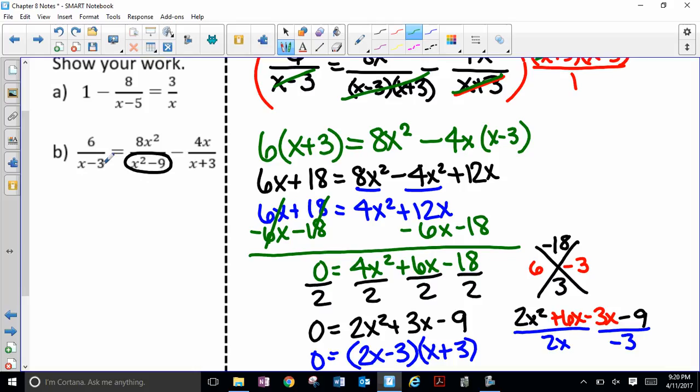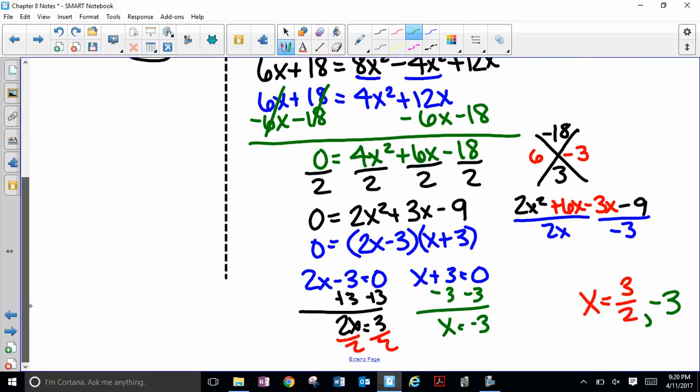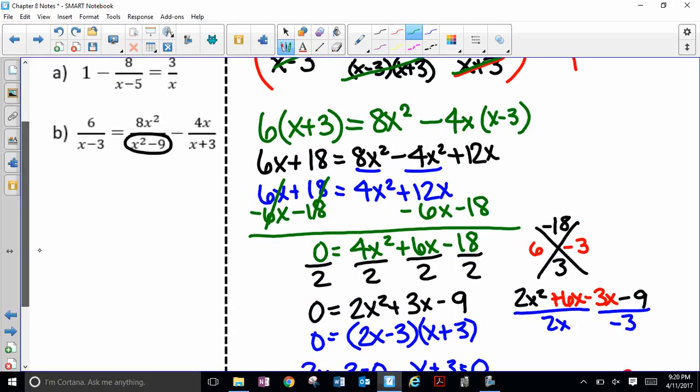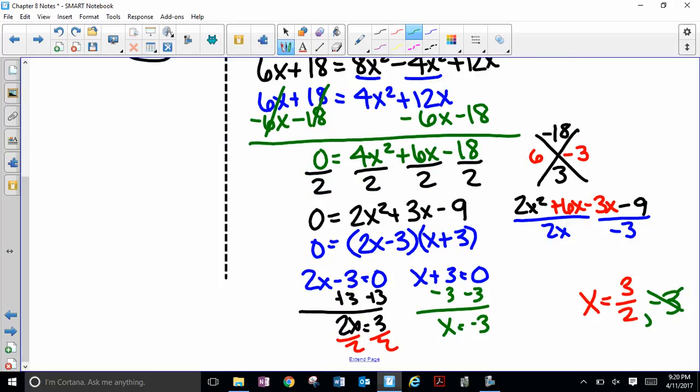If I plug in 3, so our other solution was negative 3. If I plug in negative 3 here, I'm okay, but if I plug in negative 3 here or here, I get 0. Negative 3 plus 3 is 0, and you cannot have a 0 in the denominator, so negative 3 is out.